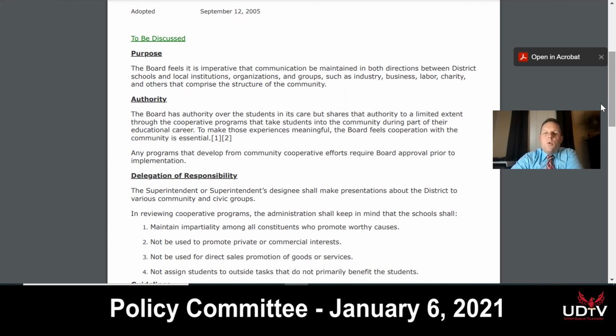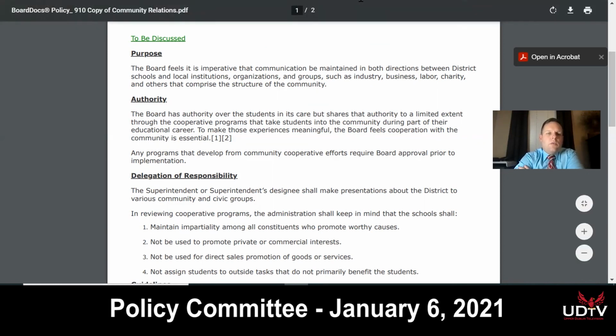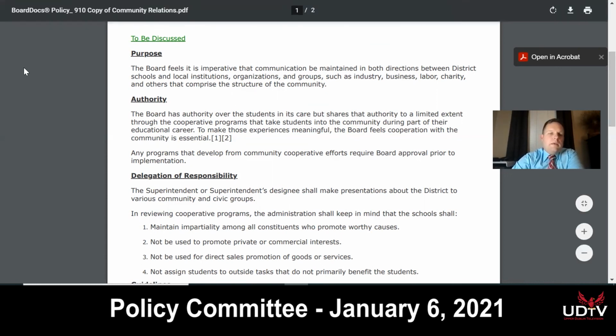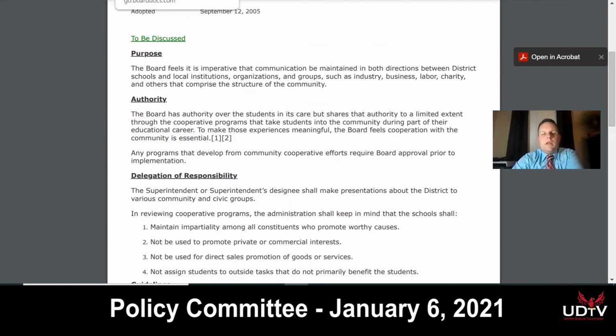Before I started to work on this policy for the board's review, in the past, we've taken policy 901, which was a singular policy, and we created an umbrella policy, meaning that the community relations policy, we then created ARs for public relations objectives, publications, and media relations.